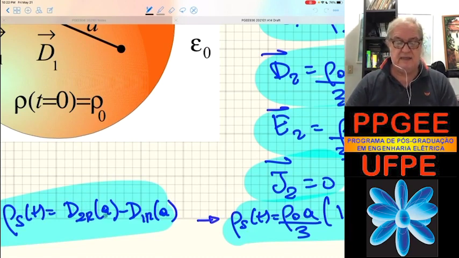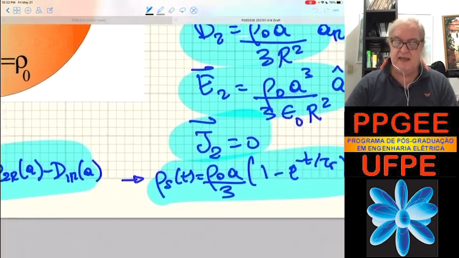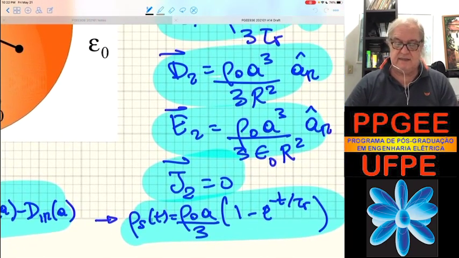So we calculate the D outside at r equals a, the D inside at r equals a, and you get this result here. The surface charge density changes with time. At t equals 0, there is no charge on the surface. At t very large, this drops, this goes to 0. The charge density on the surface is going to be rho 0 a over 3.